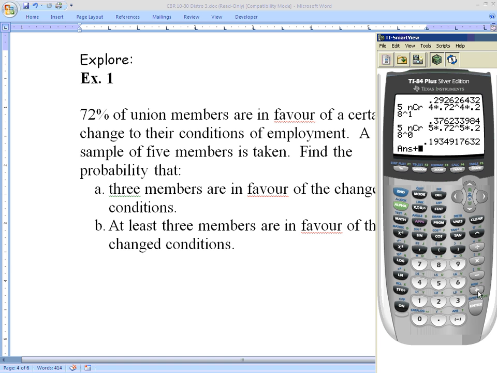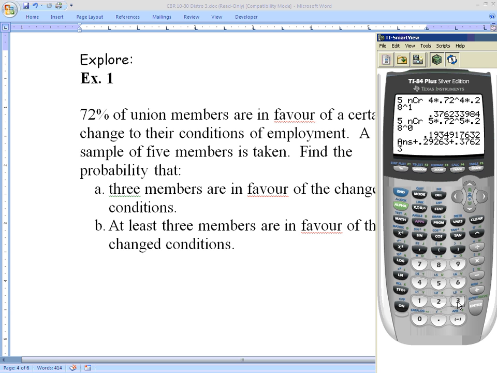So I'll take that original probability we had, which was 0.29263, should be good enough, to round properly, plus my second answer, the probability of choosing 4 members in favor, which was 0.37263.